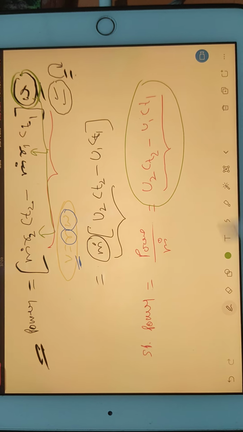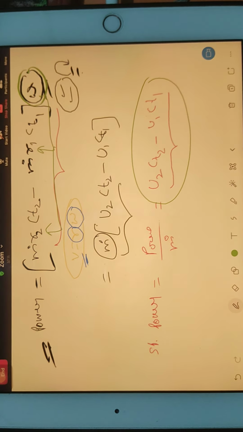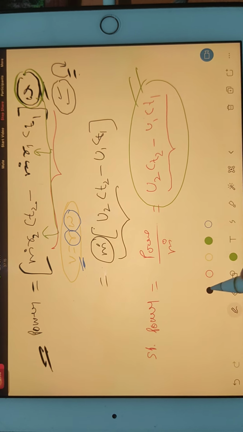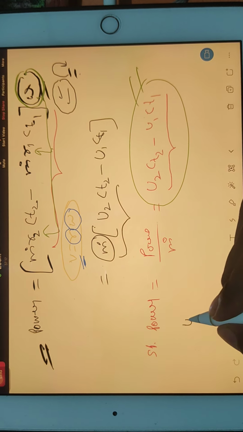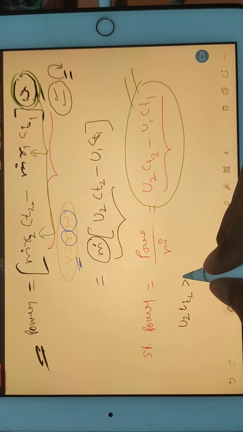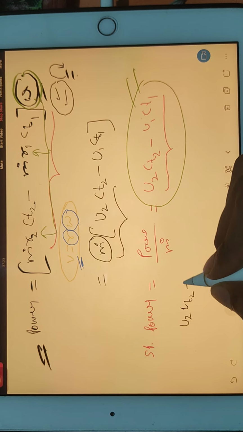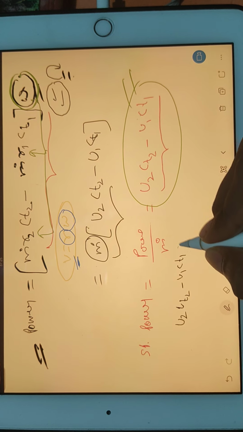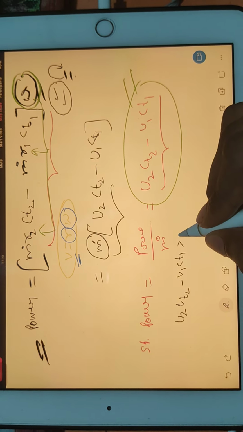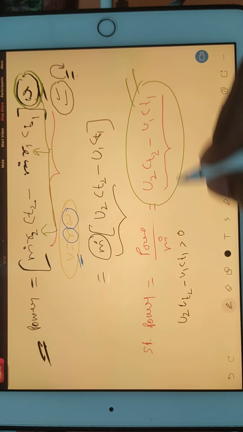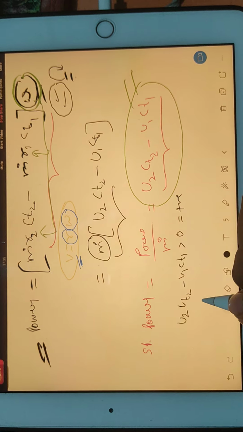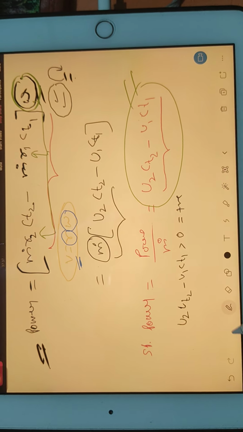But in case of turbine, you extract the power, so at the exit of turbine power will be less, so in that case this term will be negative. So you write, if your u2 ct2 minus u1 ct1 is greater than 0, or you can say greater than or equal to 0, it's fine. It's like if this part is positive, then it is a compressor.